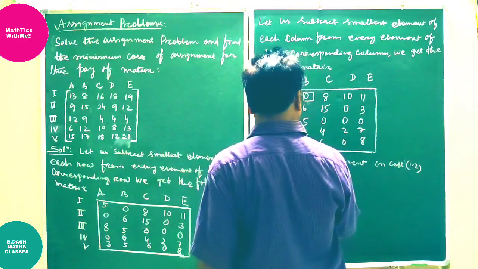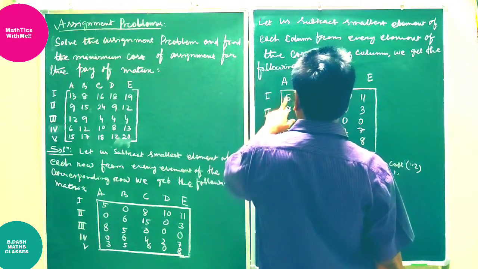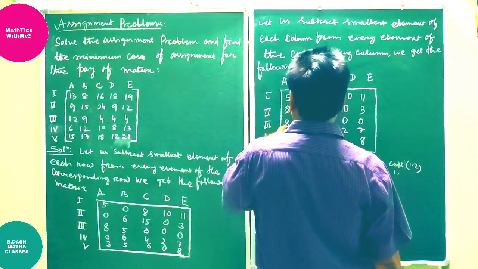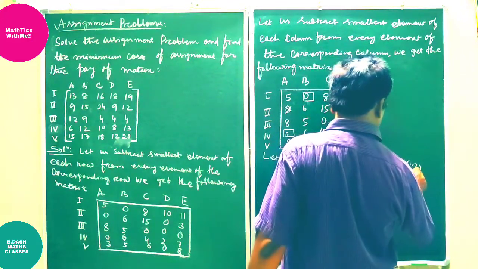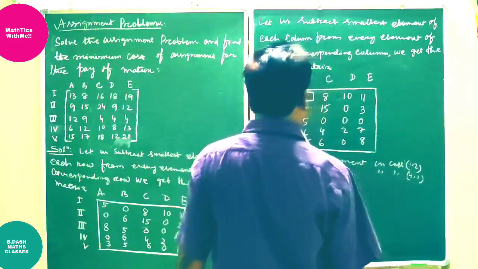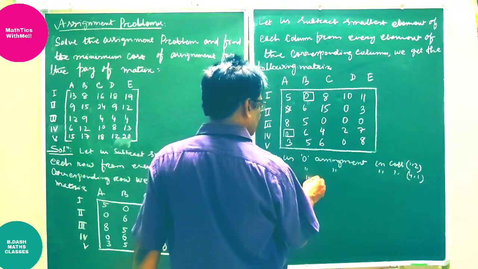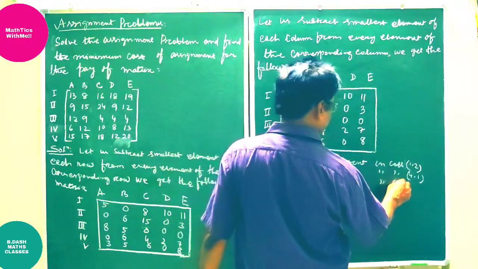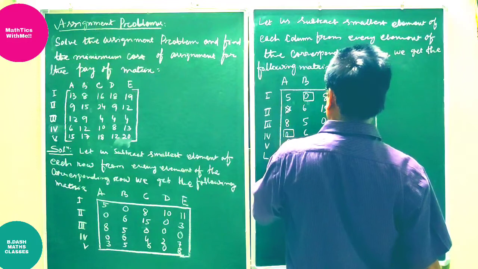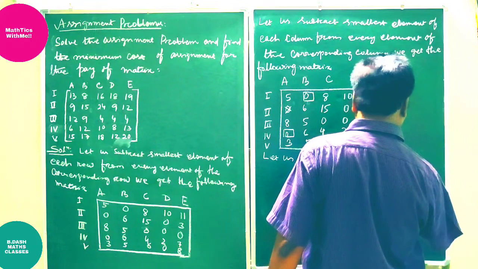Next zero assignment in cell 4, 1. Now, a single zero in the fifth row, we are having a zero assignment in cell 5, 4.